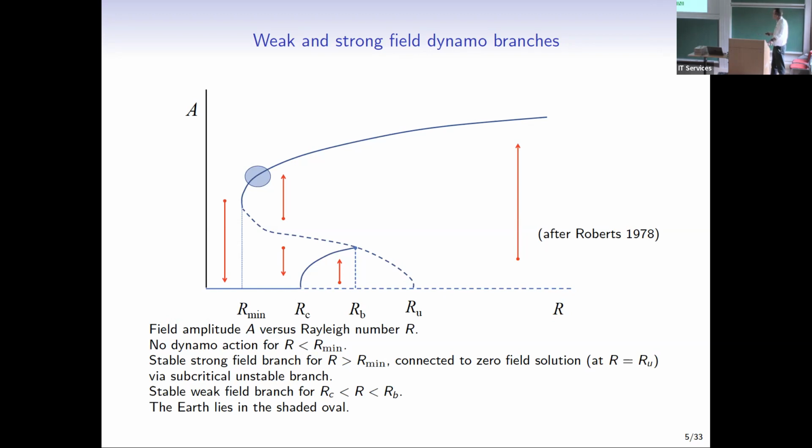So the idea is, if there were a weak field dynamo, it would come off here, but what we're looking for is a strong field dynamo. This is some measure of the field strength that is not connected to the weak field dynamo at all. This would be a dynamo coming from the small scale convection, whereas this is the strong field dynamo at large spatial scales. Okay, and the Earth sits there on this diagram, somewhere in there.